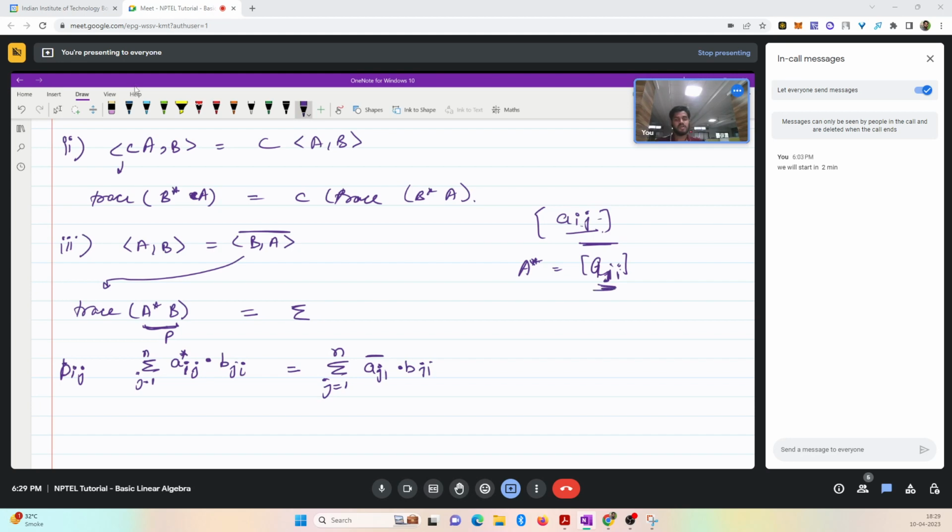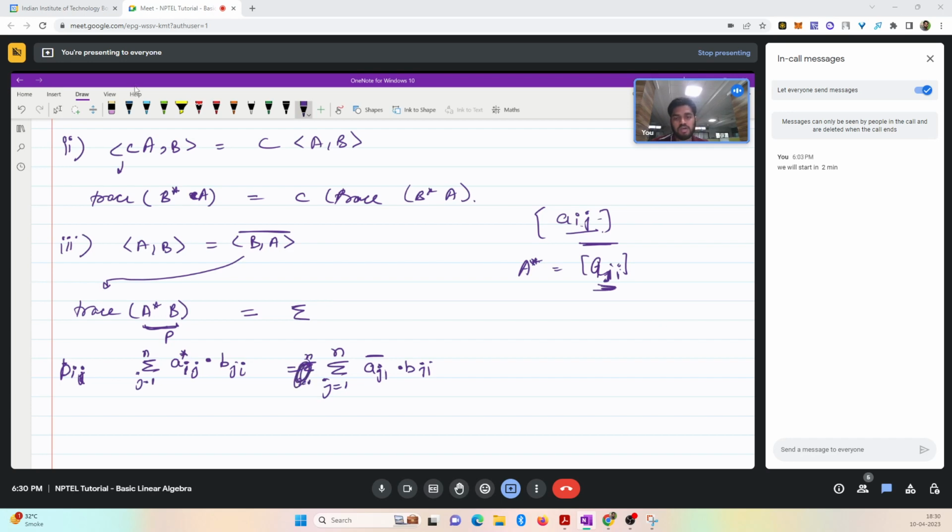Okay, now we just want the sum of the diagonals. So we want P of i comma i, right? So what we will do is we can take the sum of elements where j is equal to i.